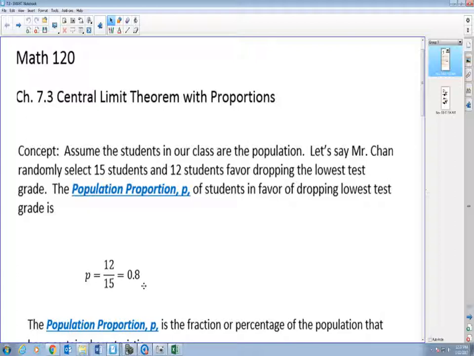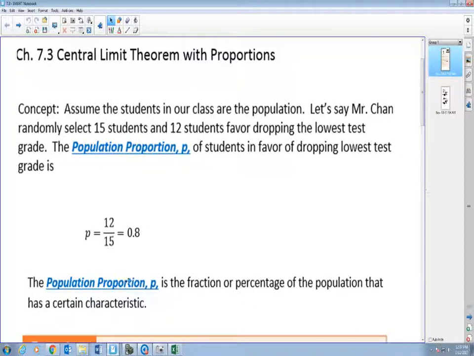So the population proportion p is referring to a fraction or percentage of the population that has certain characteristics. Our certain characteristic in this example is favoring dropping the students' lowest test.